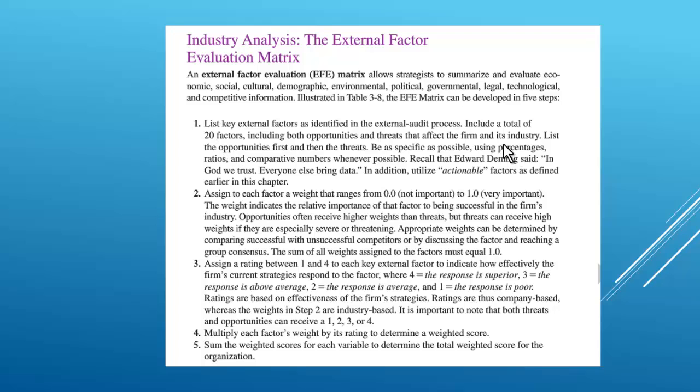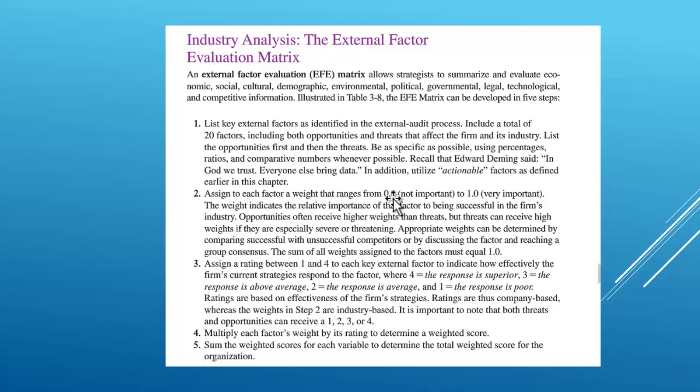You're going to have a total of 20 factors, which will be 10 opportunities and 10 threats. We're doing this first on Pepsi. Then you'll be doing this again with your case. You want to be as specific as possible using percentages, ratios, and numbers. Remember, we want to make sure that we're working on the big stuff and not the little stuff.